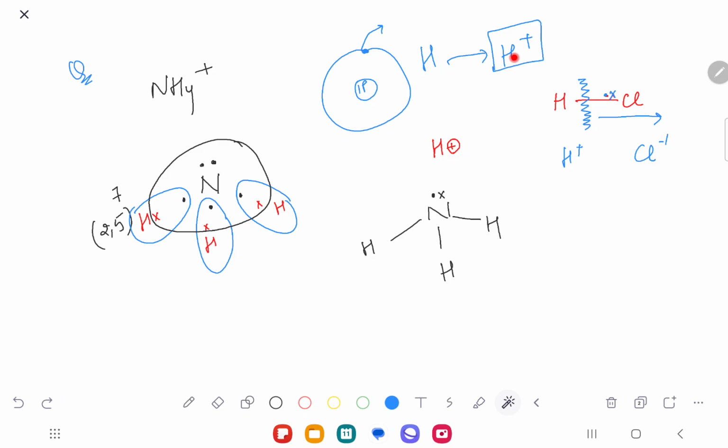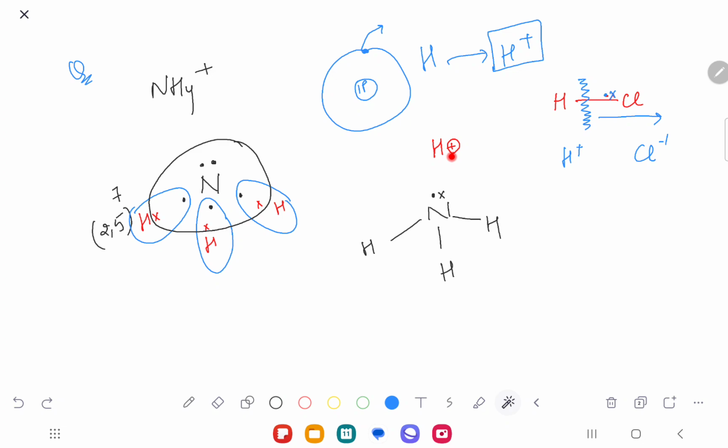It does not have any of its electrons, so it comes here because it sees two electrons on the nitrogen. Now it is sitting right in front of nitrogen begging for electrons: please give me electrons, I want to become neutral.